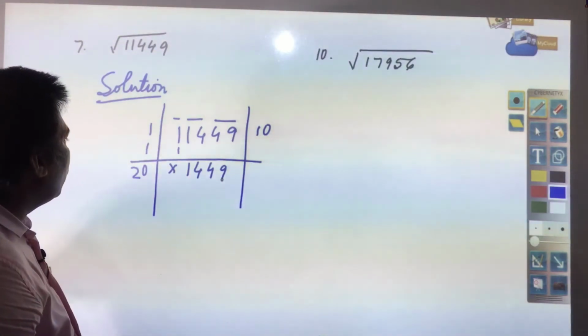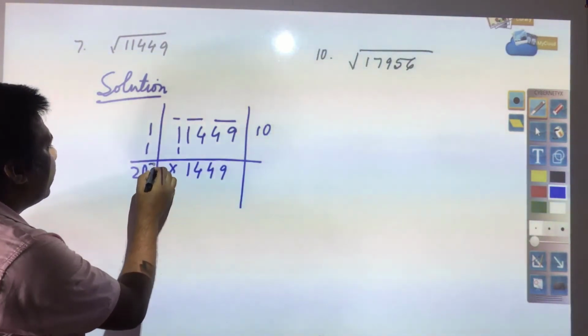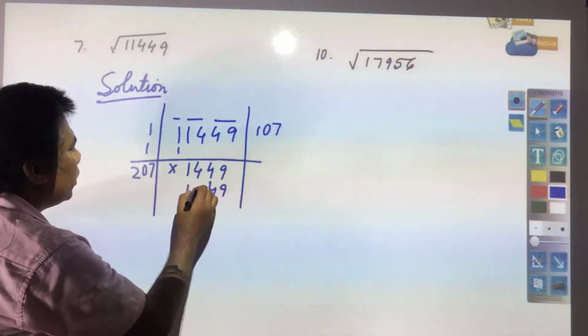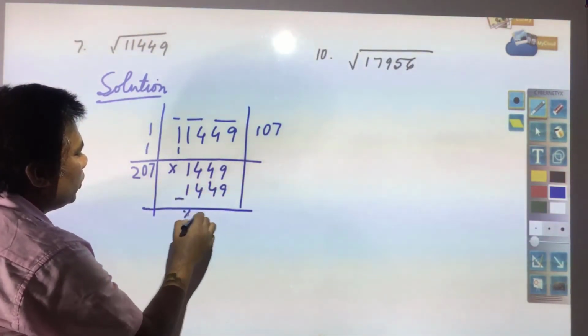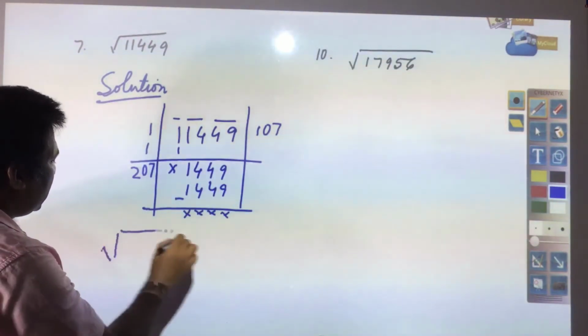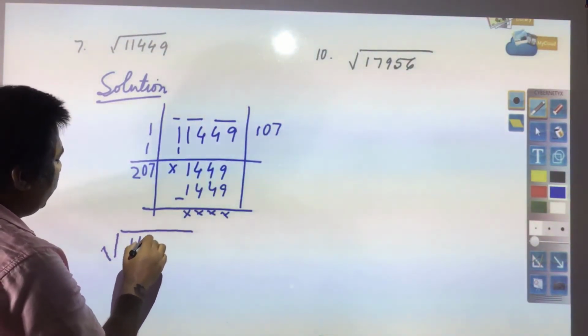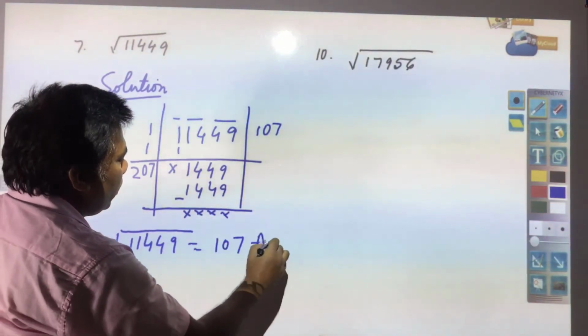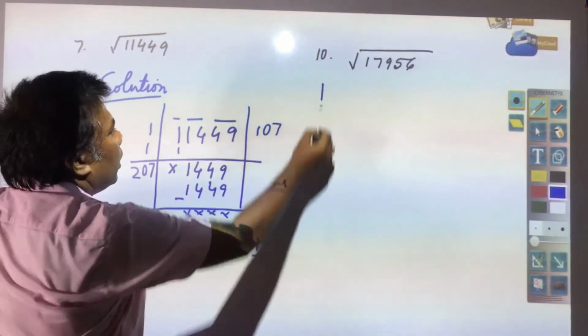It will go 7 times you try. 7 7s are 49 and 7 2s are 14. So, this will be cancelled. So, you will get square root of 11449 is equal to 107, and this will be your answer.